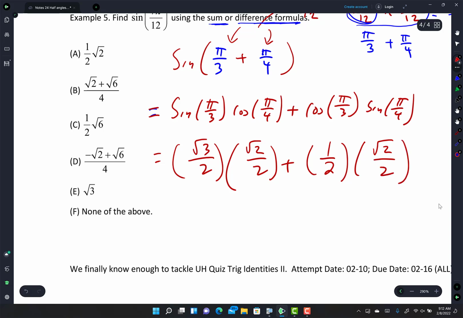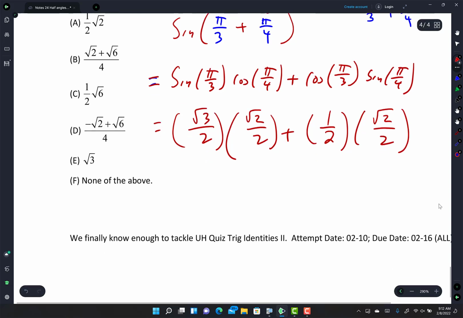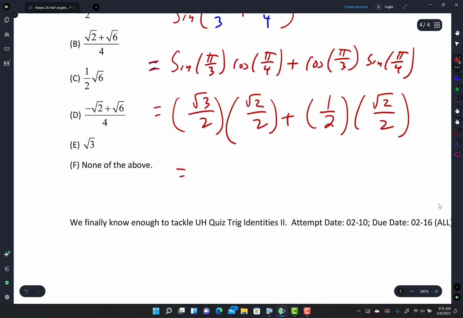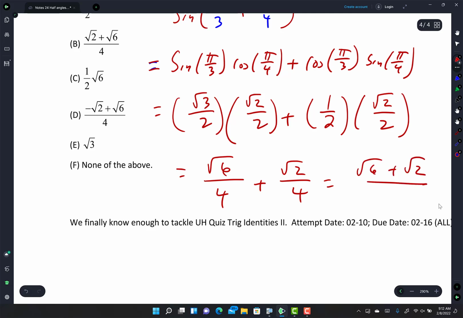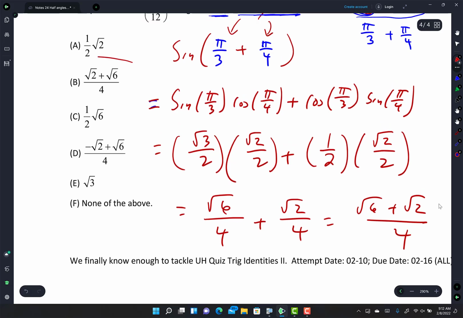So here comes the unit circle, guys. It never goes away. So we're done. Square root of 3 times square root of 2, plus the other one is square root of 2 over 4, the same denominator. So square root of 6 plus square root of 2 over 4. Is that answer in there? And there it is. So we've done it.